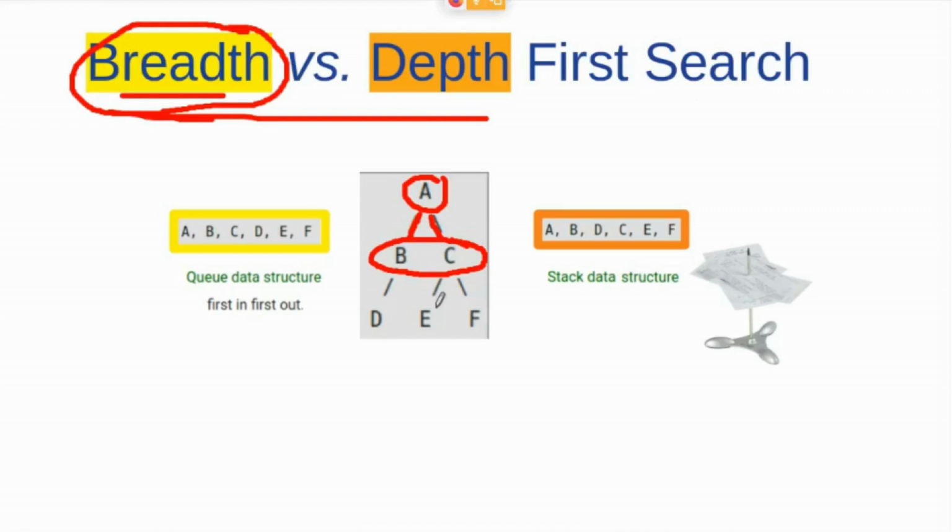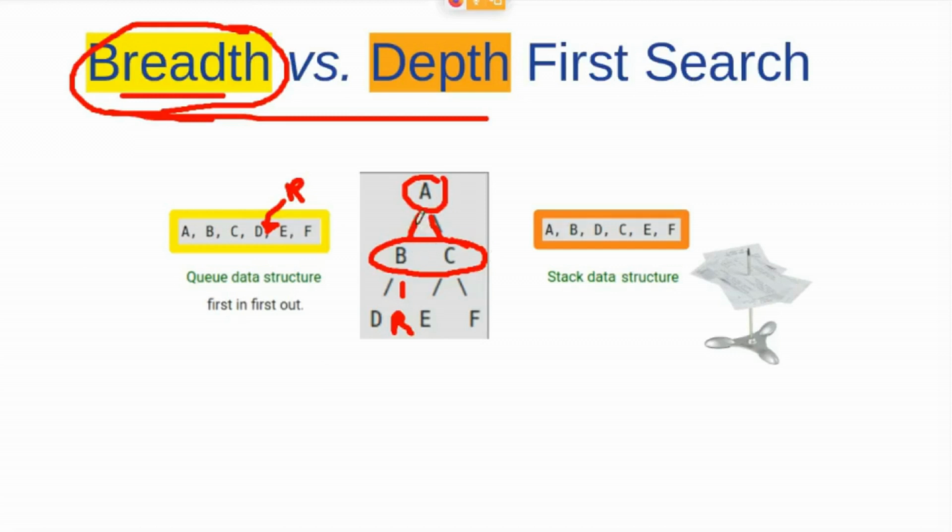So let's say, for example, that here we have a node called, I don't know, R, right? So this R should be here between the D and the E. Why? Because we are using the breadth first search algorithm.